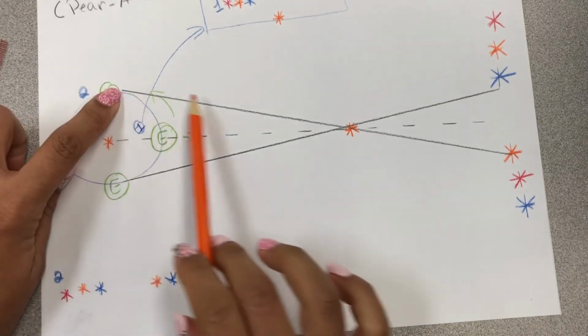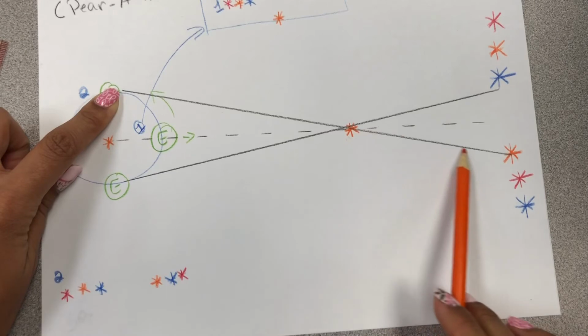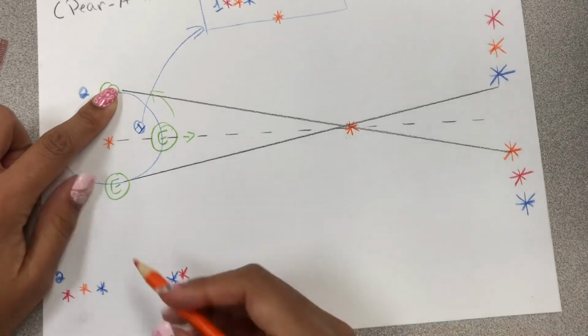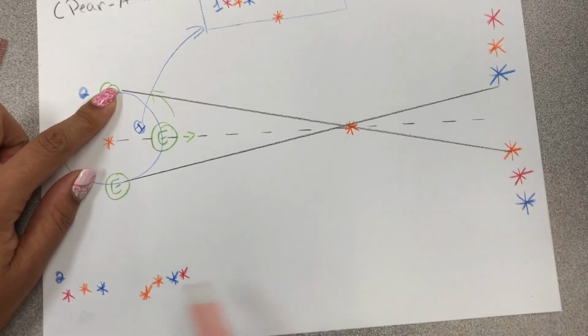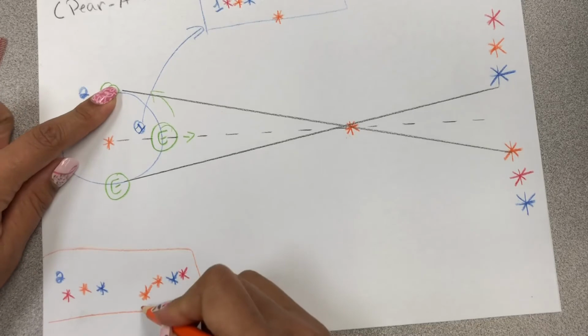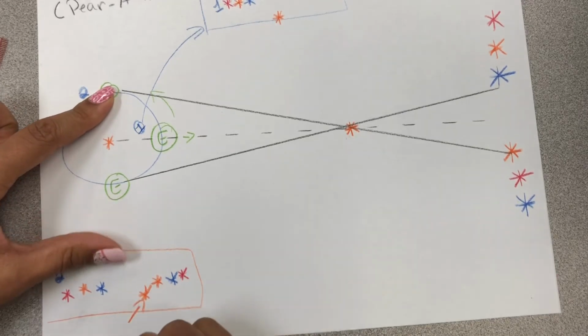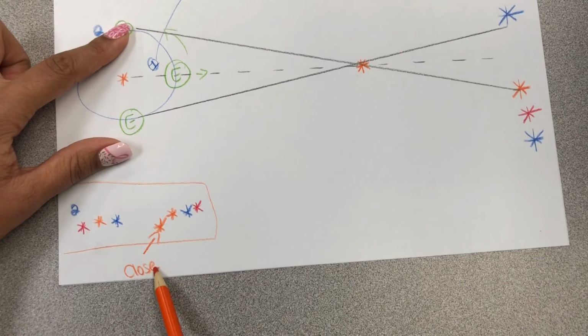If we are looking at it from this angle, this orange star appears to be in the same line as this orange star, so we might actually see it something like this, with this one being the close star.